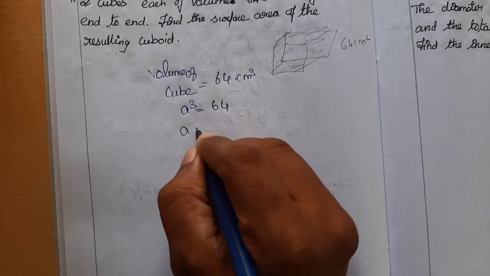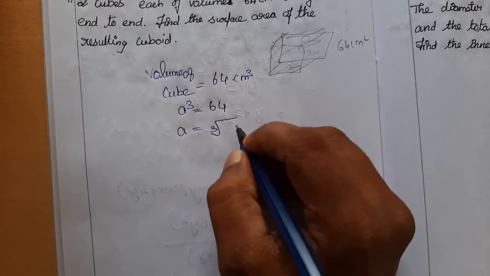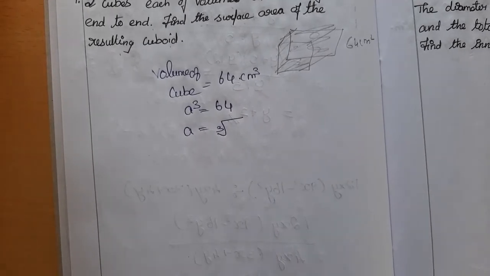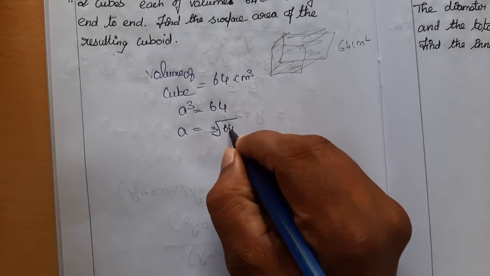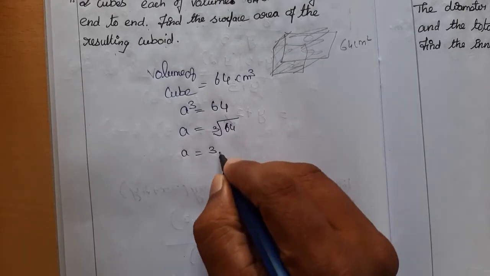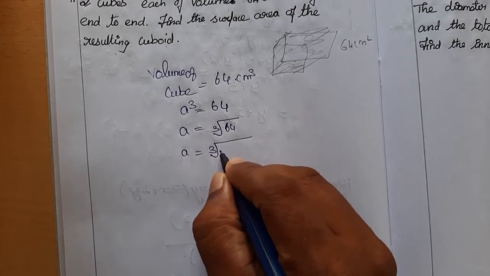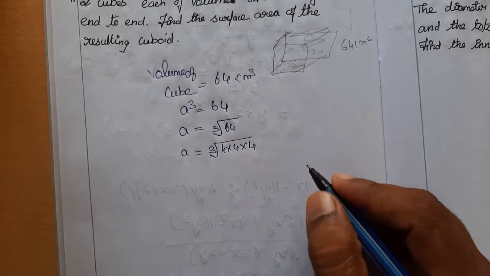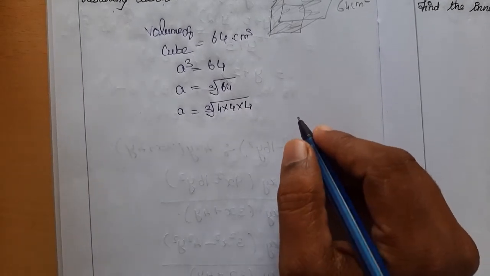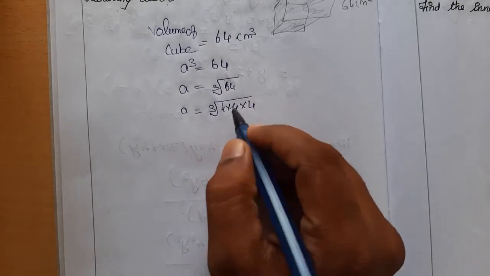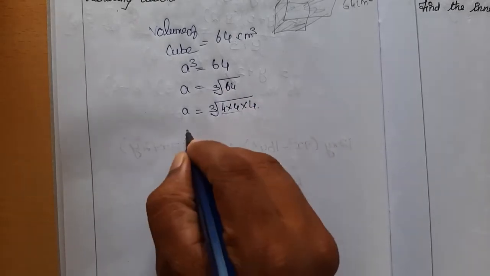So then a is the cube root of 64. We can write 64 as 4 into 4 into 4. 4 fours are 16, 16 fours are 64, right? It is a cube root, so a is equal to 4.